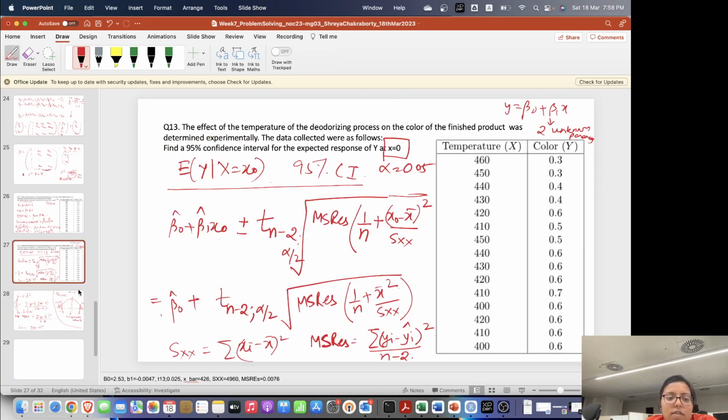We'll plug all these values here and we'll get a 95% confidence interval with this formula, when we have just one regressor.